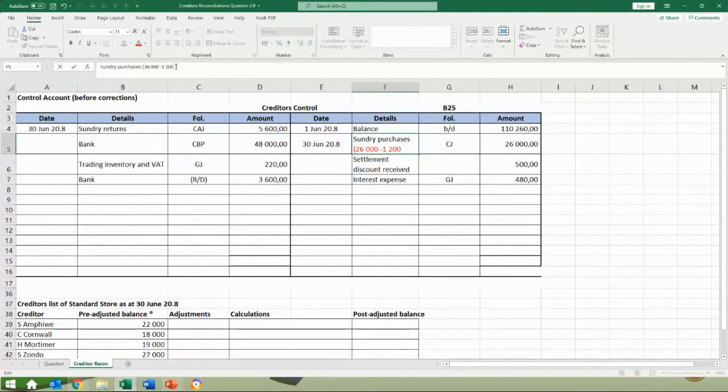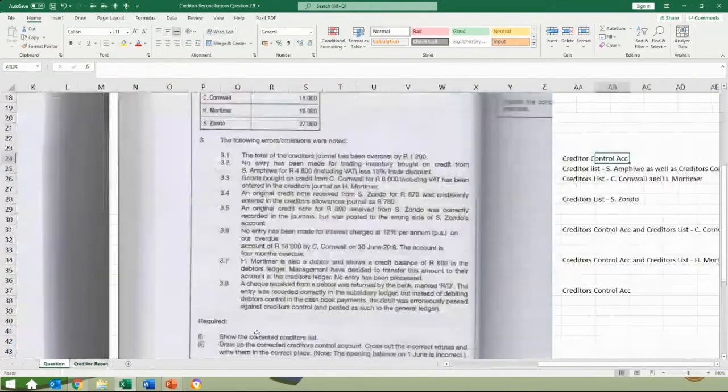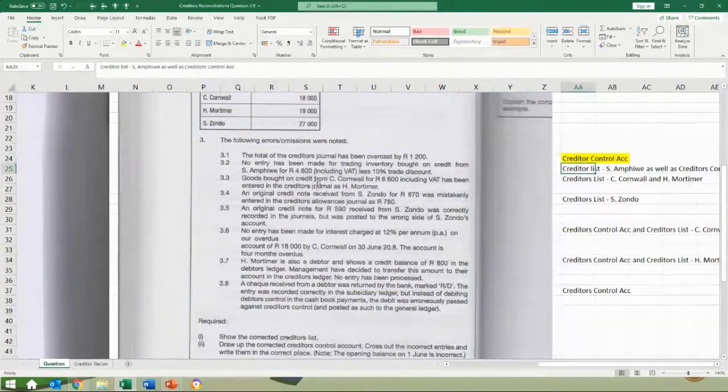So we need to reduce that 26,000 by the 1,200 Rand. Okay, so we've done the first entry. Let's highlight that yellow. Then the second one, we said no entry has been made. So now we have to account for that entry both in our creditors list as well as our creditors control.